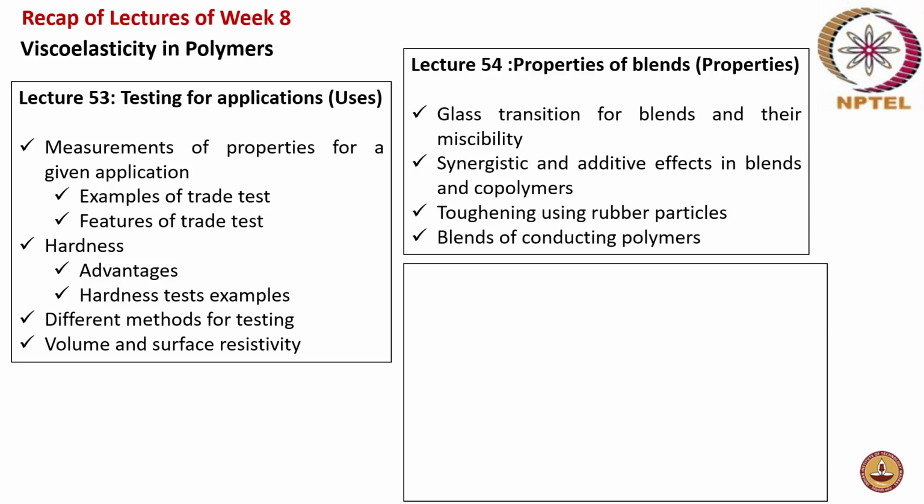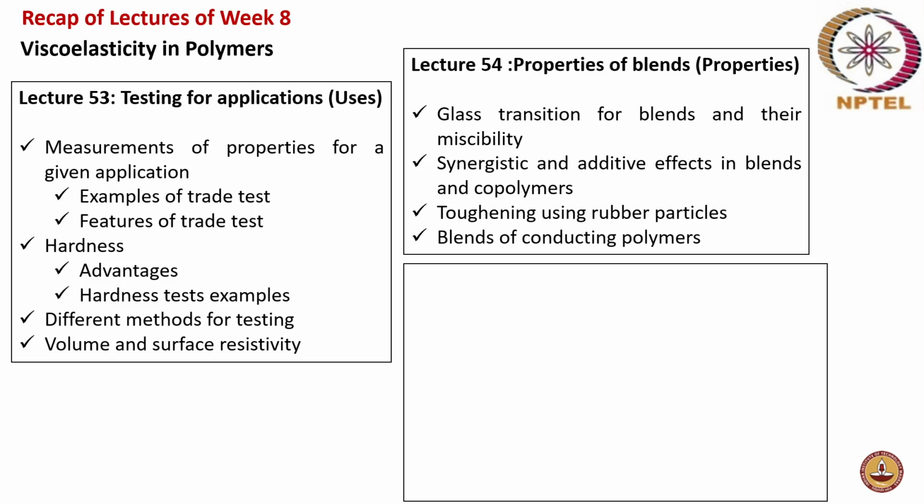Then lecture 54 was on properties of blends. Here, first of all, there was a discussion on a particular property, the modulus of a pure polymer and a blend, based on its glass transition temperature. How does the behavior change?